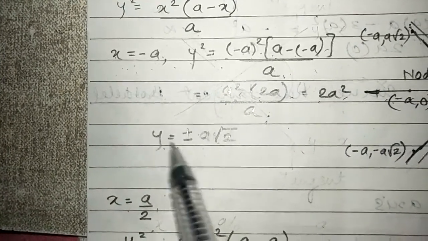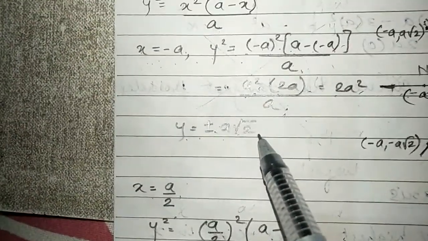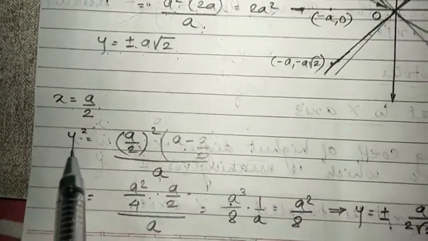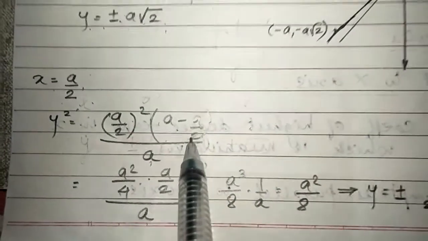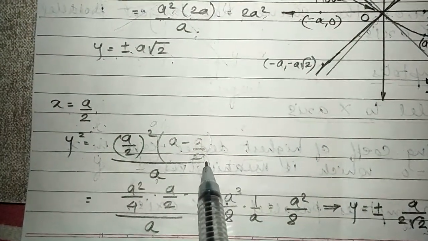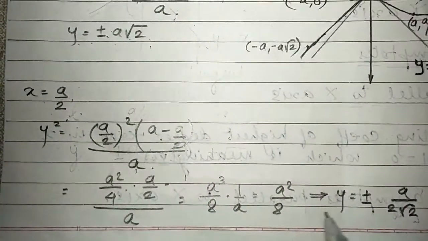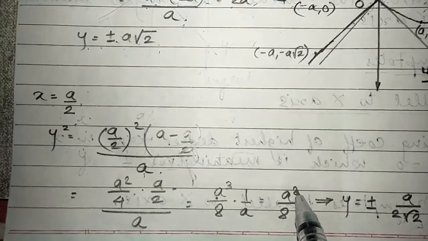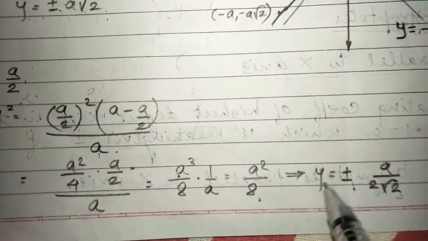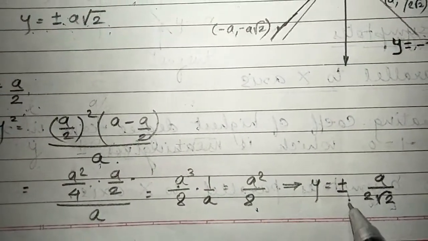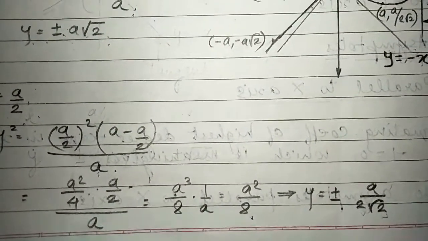So the value of y is plus minus a root 2. And suppose x is a by 2. Then y square is (a by 2) whole square into (a minus a by 2) upon a, which on simplification gives y square as a square upon 8, which implies y is equal to plus minus a upon 2 root 2.